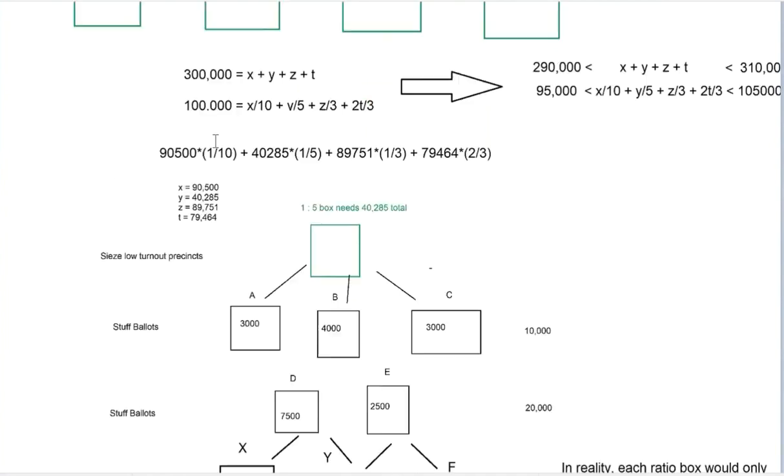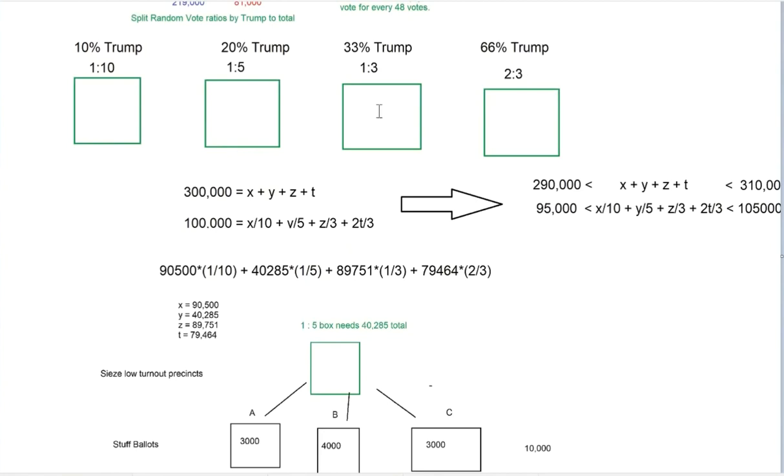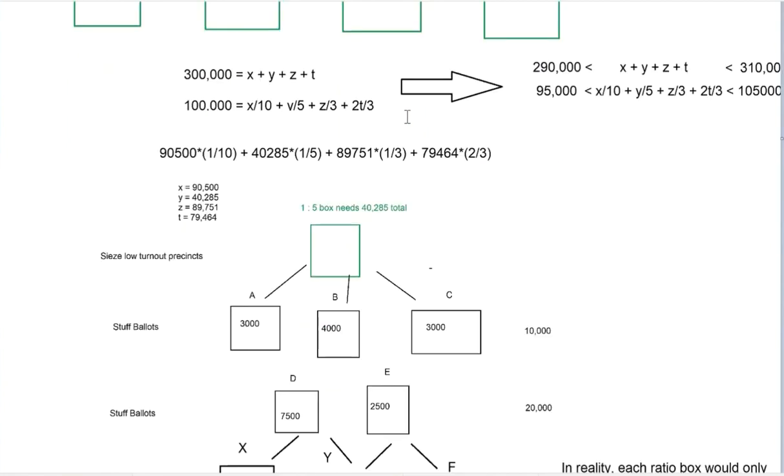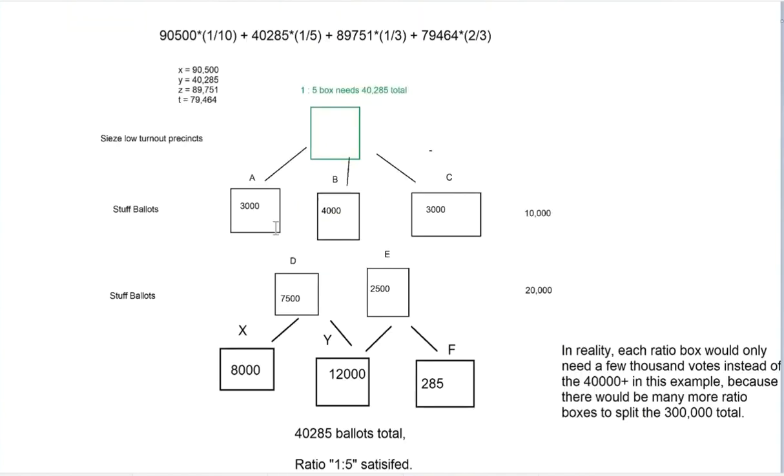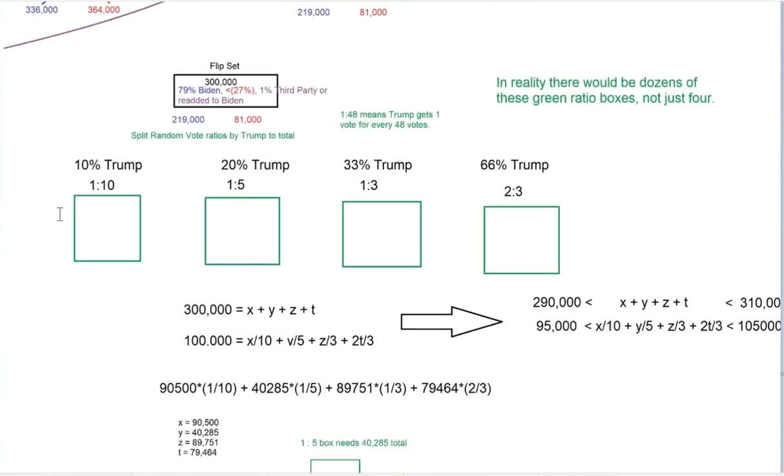So I'm pretty sure that Dominion's virtual precincts will seize control of low turnout precincts, physical precincts in real life that you go to, like the elementary school, that have low turnout. Somebody stuffs the ballots, and then it does its fraction magic up here.